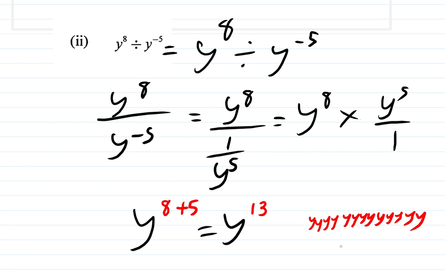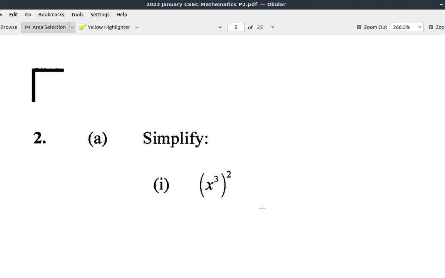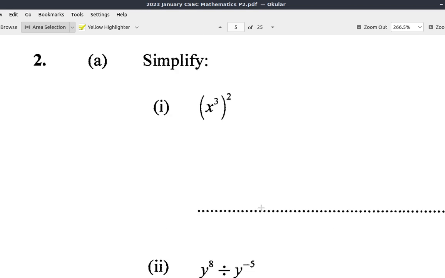How many y's do you have? 1, 2, 3, 4, 5, 6, 7, 8, 9, 10, 11, 12, 13 y's. So if you work it out, that's what you get. So the answer we have is y to the power of 13 for this part.